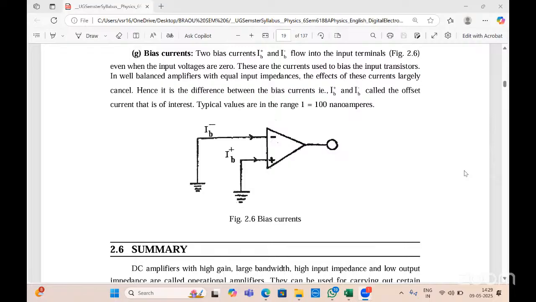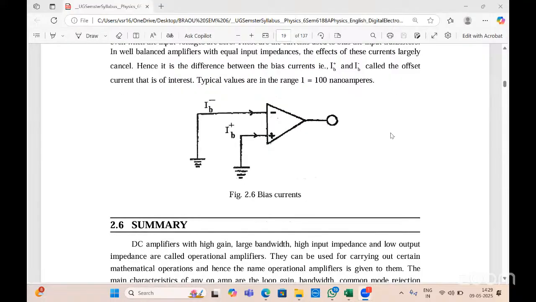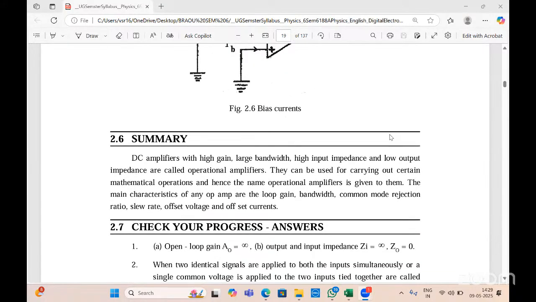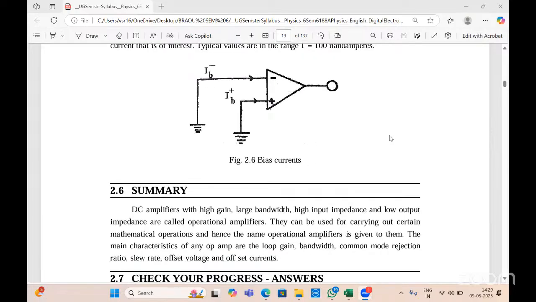Here, the currents largely cancel. Hence, the difference between the bias currents is called the offset current. The range is 100 nano amperes, not meters. Current is measured in amperes.